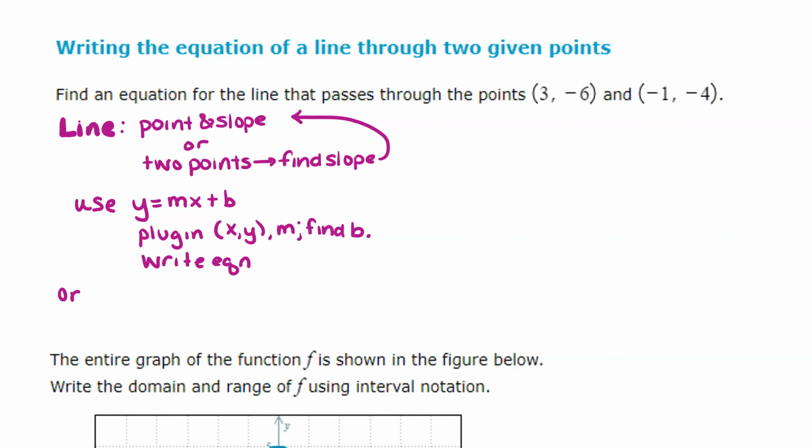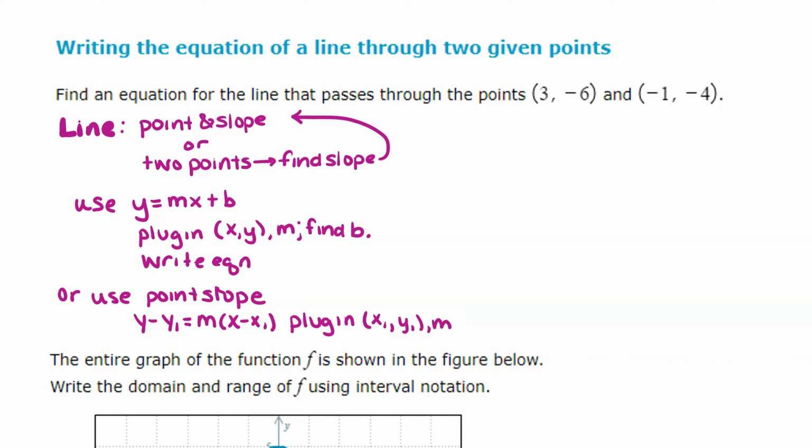and then write the equation. Or you can use point slope. And point slope is y minus y1 equals m times x minus x1. So if you know your m and you know your x1 and y1, you'll plug in x1, y1, and m.